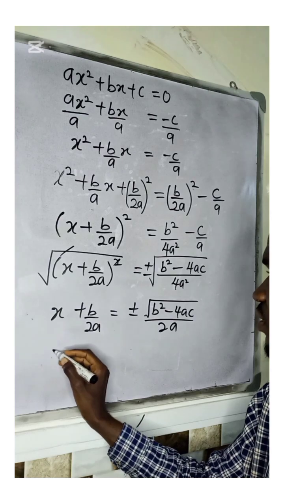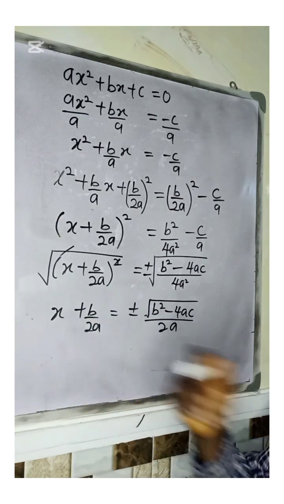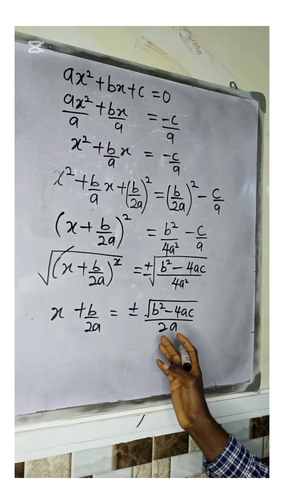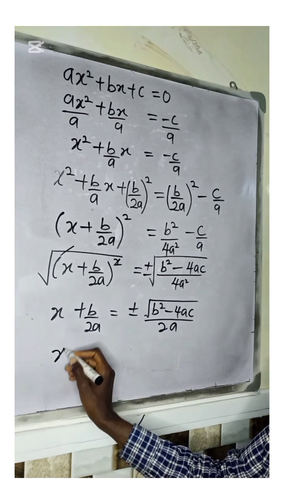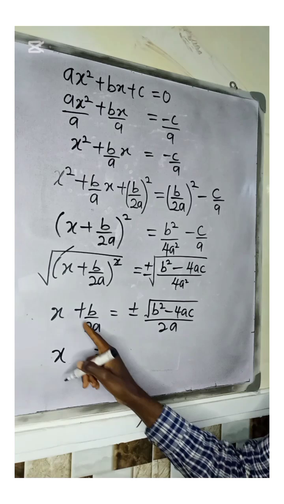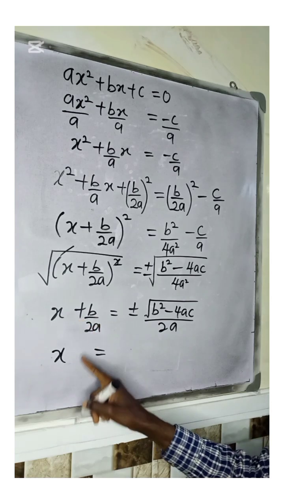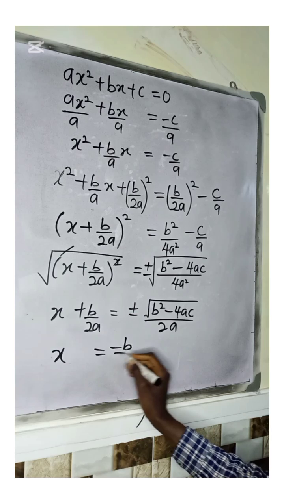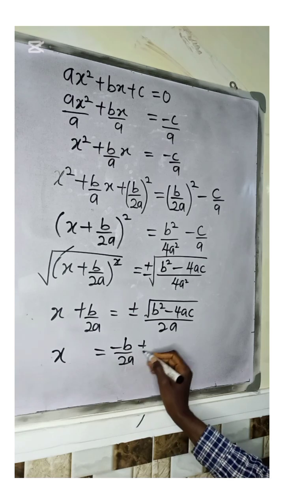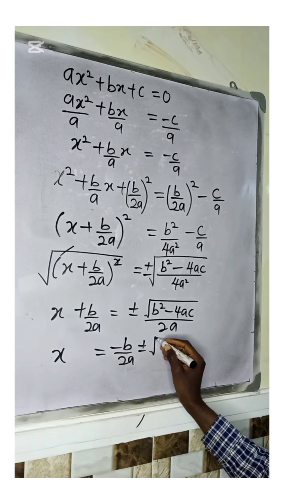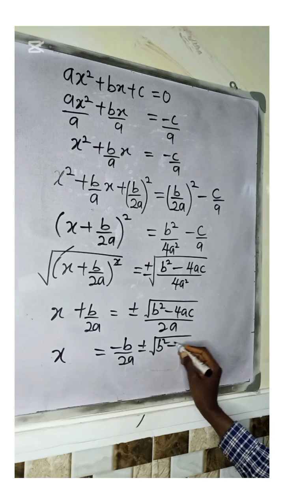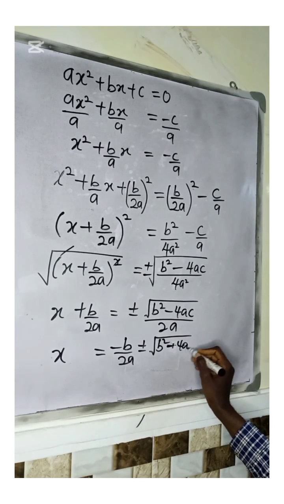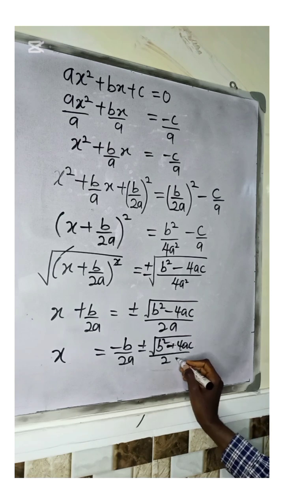Now the goal is to make x the subject of the relation. So we say x equal to, plus b over 2a moves to the right hand side of the equation and becomes negative b over 2a, plus or minus the square root of b squared minus 4ac, all over 2a.